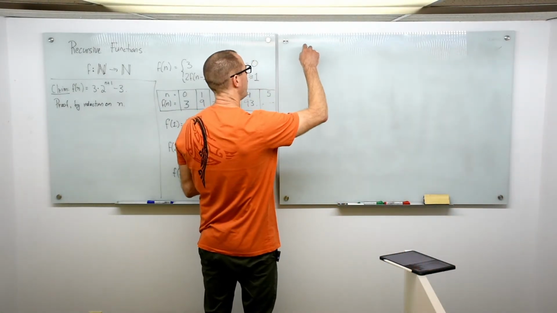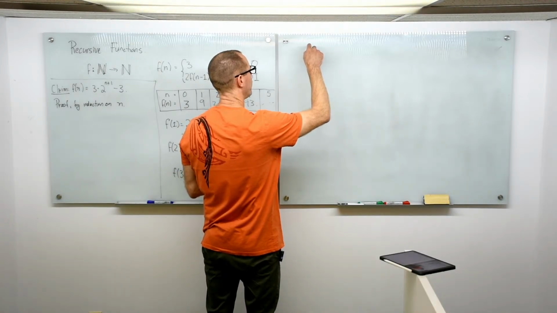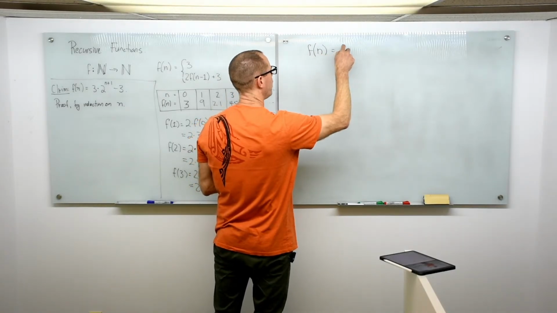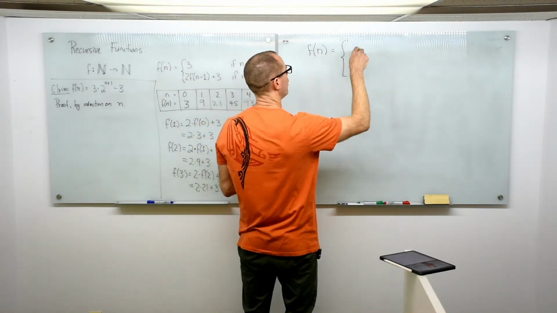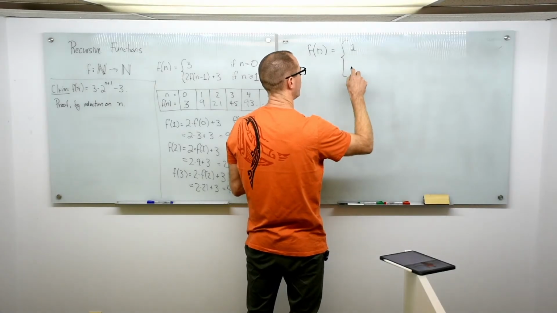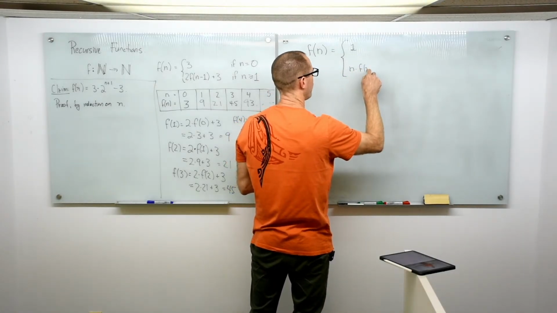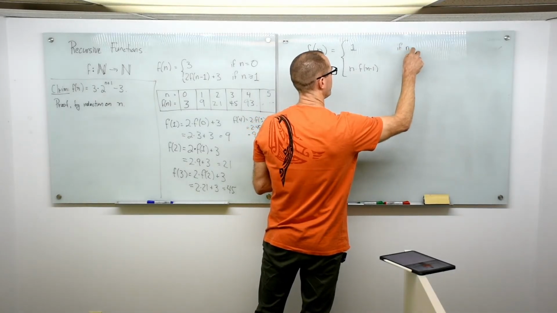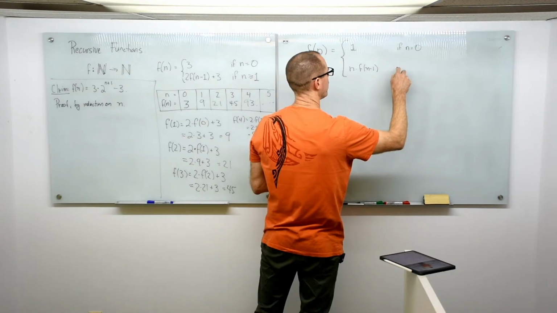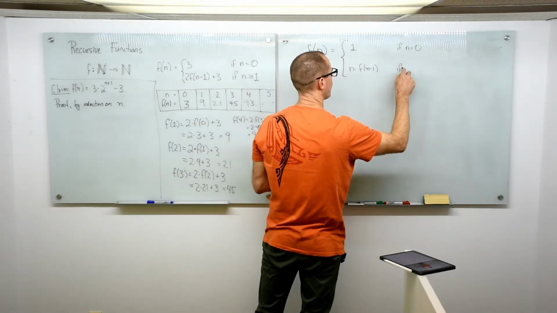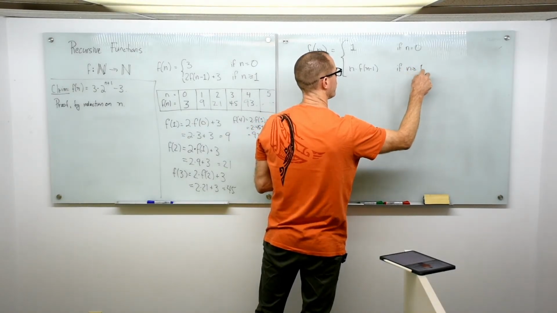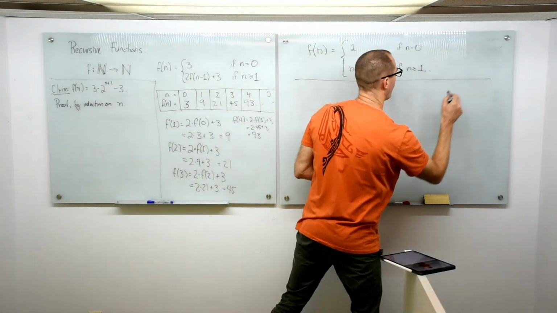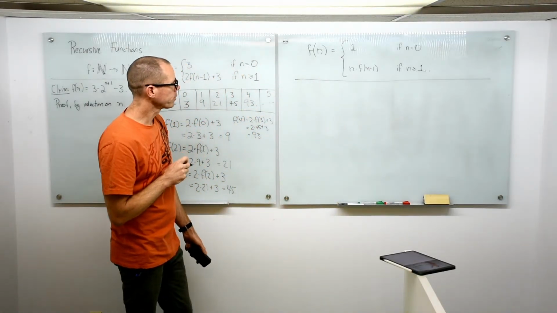So here's one. f of n is equal to 1 or n times f of n minus 1. It's 1 if n equals 0, and it is this if n is bigger than or equal to 1. Okay, there's one function. Maybe you guys can tell me what function that is. It's one you've seen before.